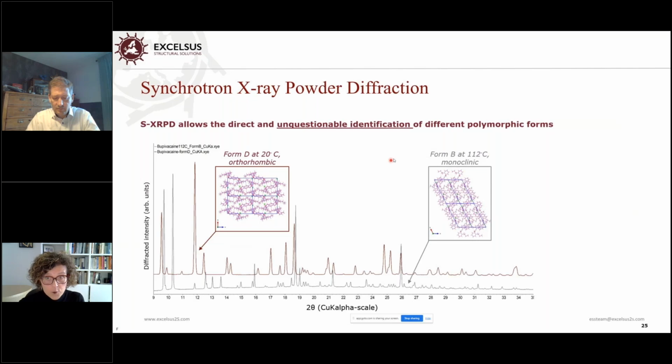And this is quite important, therefore, to have a technique available that is capable of distinguishing very well and directly. So it allows us the direct, and I call it the unquestionable, identification of different polymorphic forms. So here are the diffraction patterns of these two forms. You can see that there are many peaks that are in common, but there are also peaks that uniquely identify a form, what I like to call testimonial peaks.